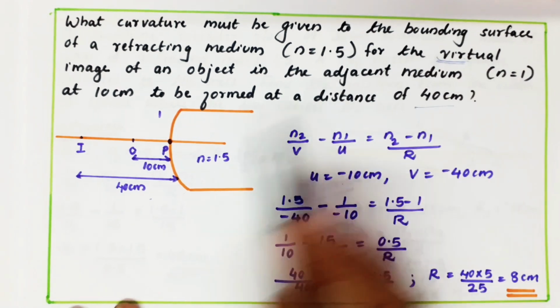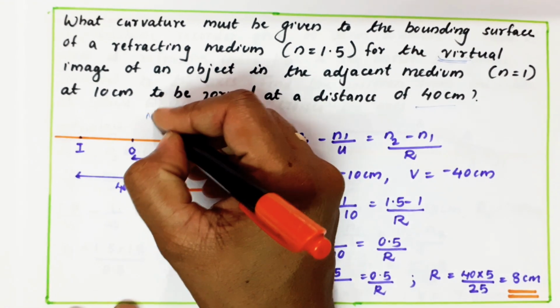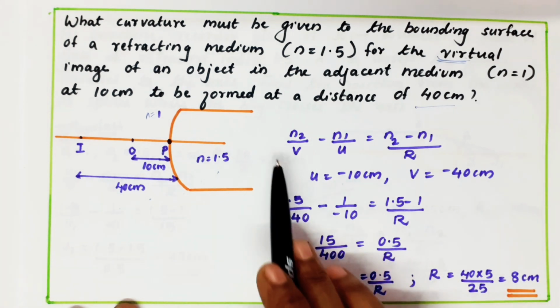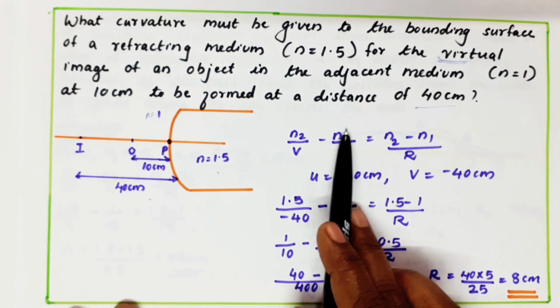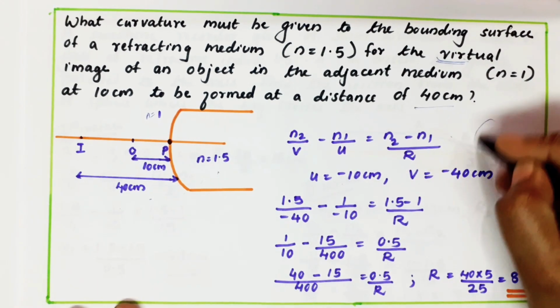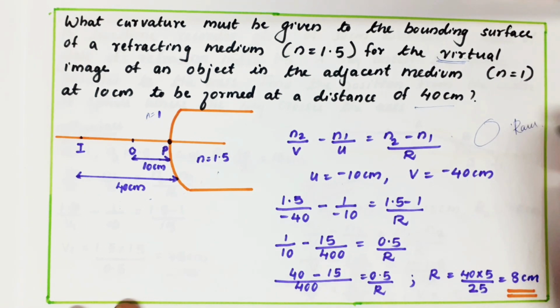As they mentioned virtual, I mark both here. Refractive index of outside is 1 and this is 1.5. Only one thing to understand, what data they gave. Apply the formula n2 by v minus n1 by u equal n2 minus n1 by r. Equation I can use because your object is in the rarer medium. Apply the formula, nothing more.